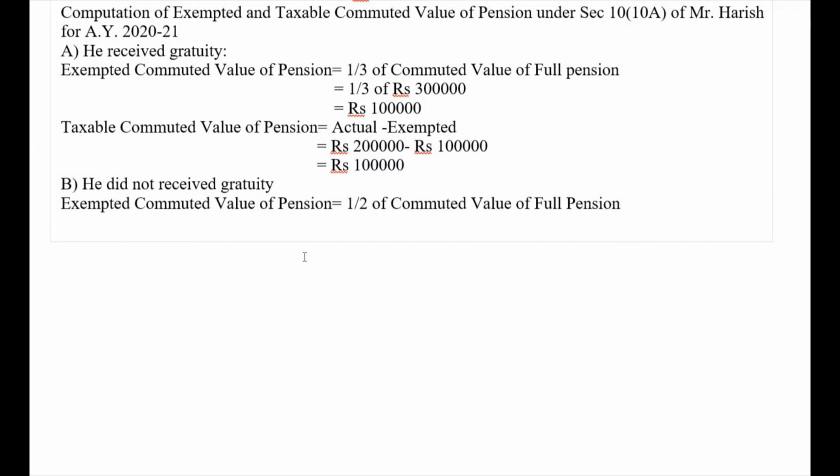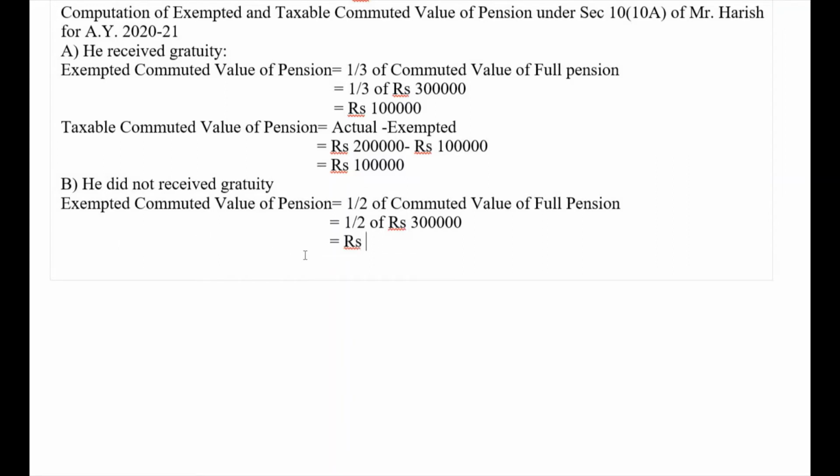We have already found the commuted value of full pension, that is rupees 3 lakhs. So half of rupees 3 lakhs equals rupees 1,50,000.